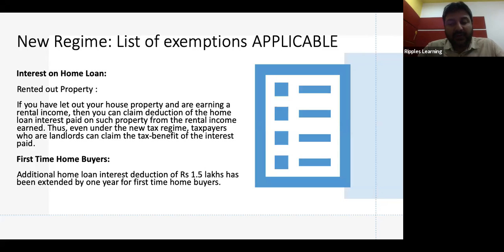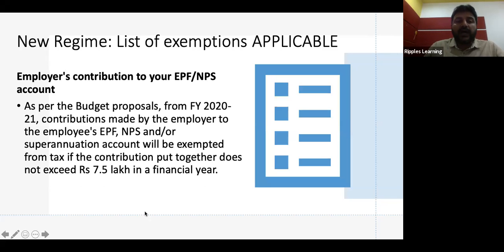EPF you cannot claim, and a lot of other things that we mentioned earlier, standard deduction, HRA, LTA. However, interest on home loan for rented out property and interest on home loan for first time home buyers is still applicable.